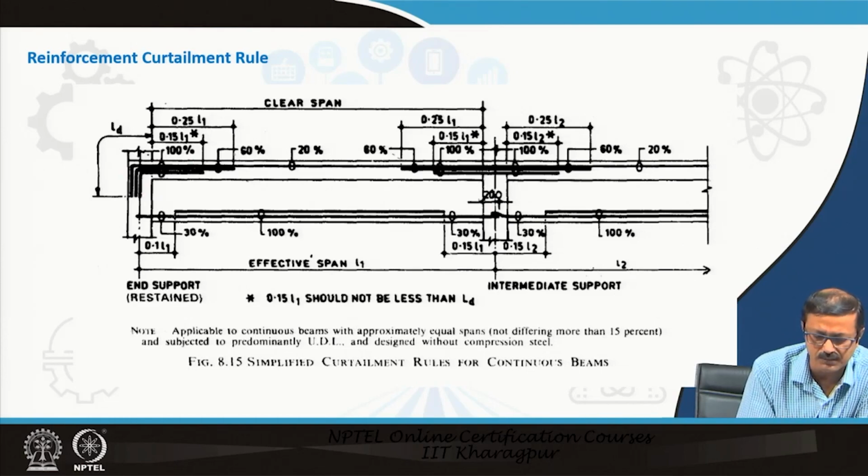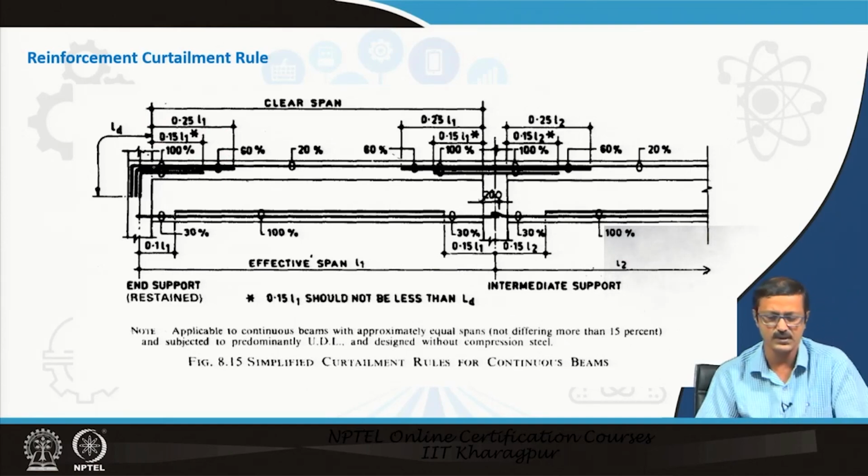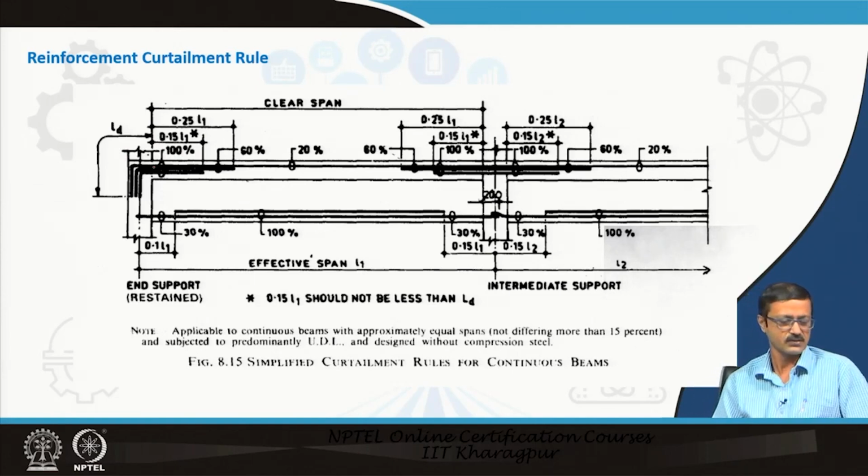So, how much is the curtailment? 20% will remain, actually 80% can be curtailed in the center of the span, 60% you can curtail at a distance of 0.25 L1 like that, and 100% you can keep in this particular 0.15 L1. So, everything is very clearly mentioned and given in those diagrams.